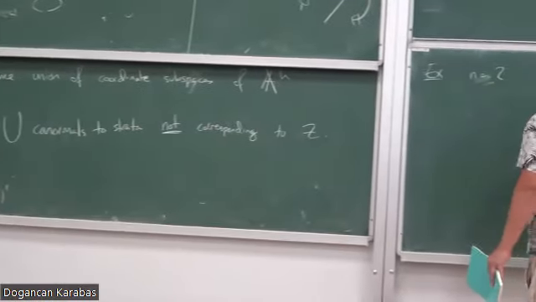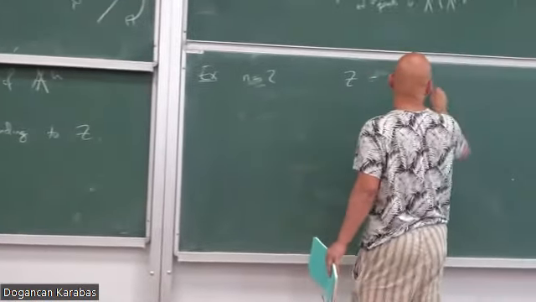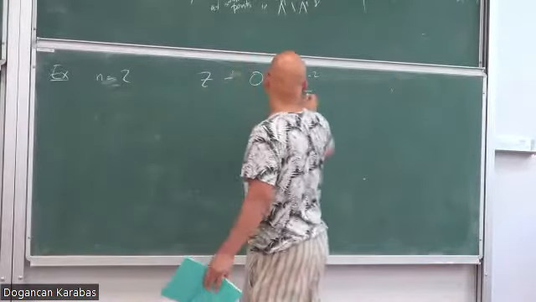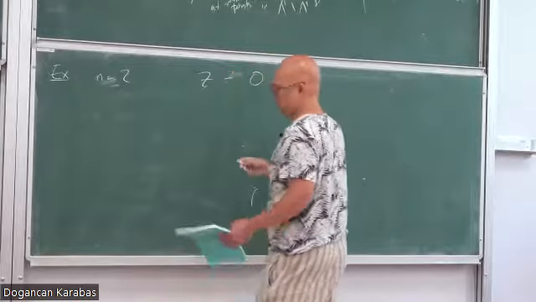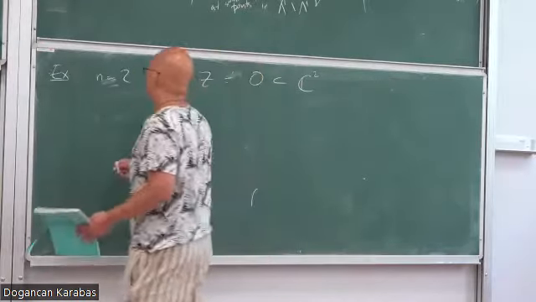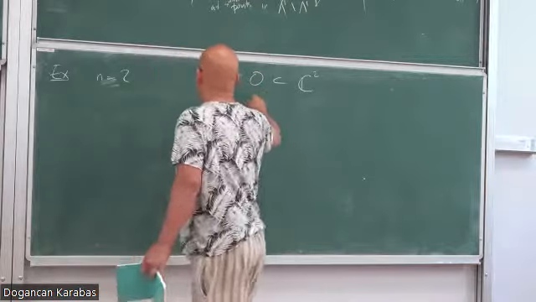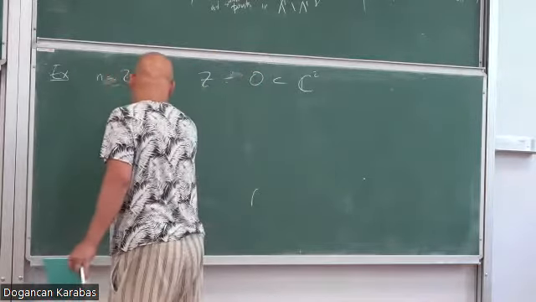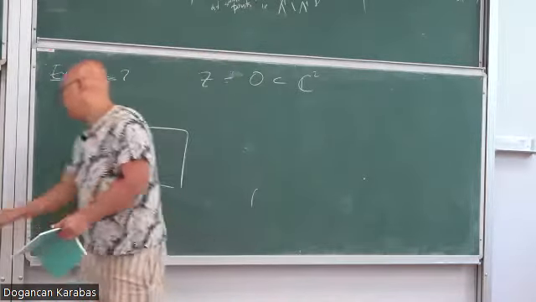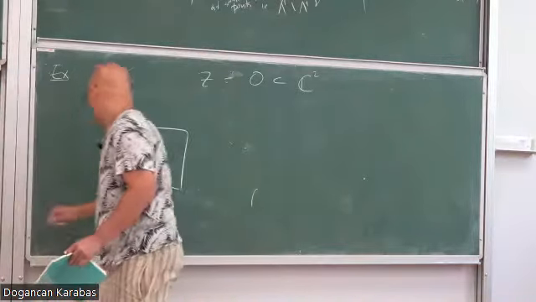Z is 0 inside C squared. I'm sometimes writing A2 and sometimes C2. Then here I have the circle squared, and the relevant strata. What are they?